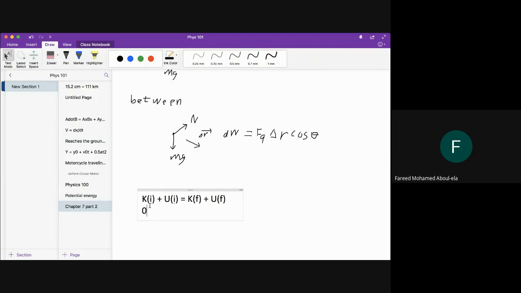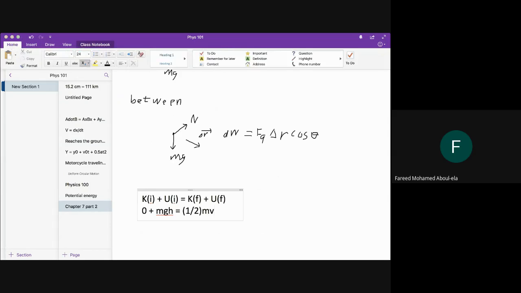Initial kinetic energy equals 0. Initial potential energy is mgh. Final kinetic energy is 1/2 mv squared. And final potential energy equals 0.